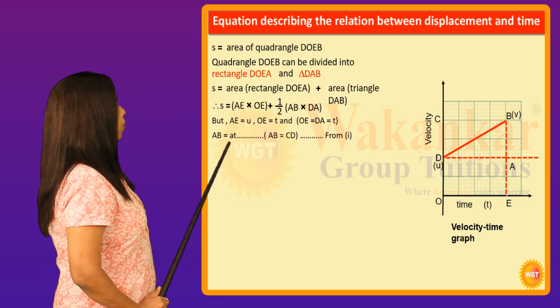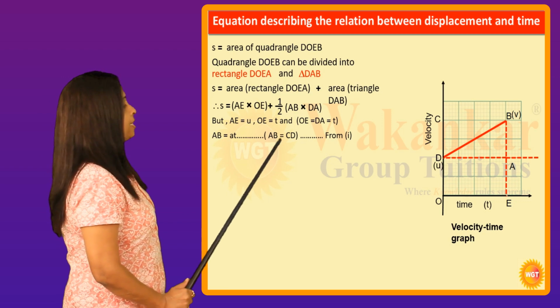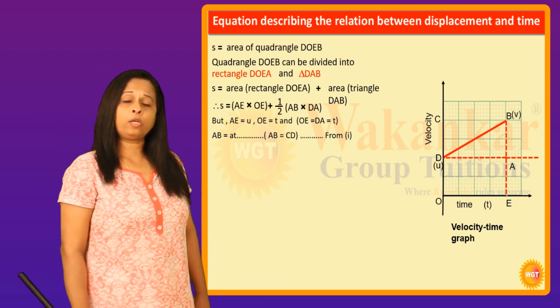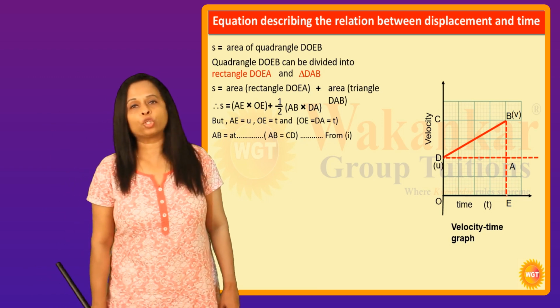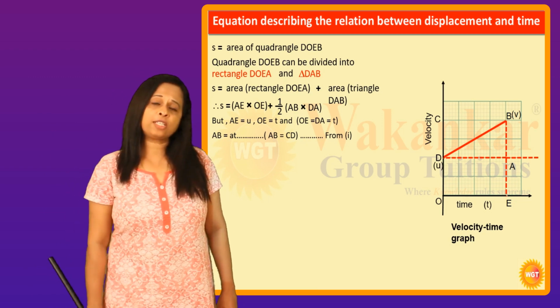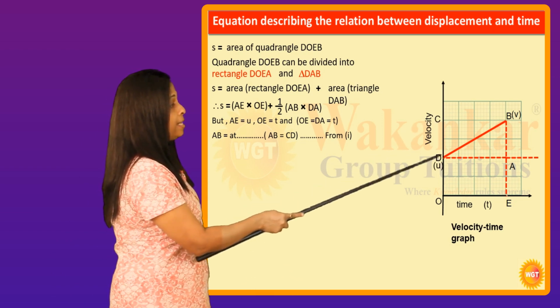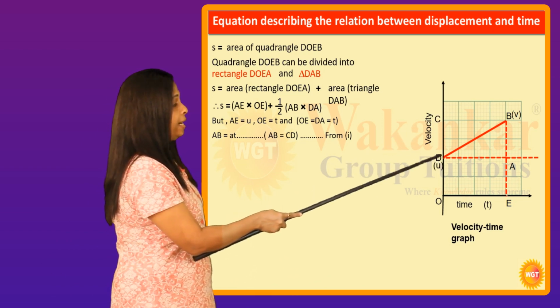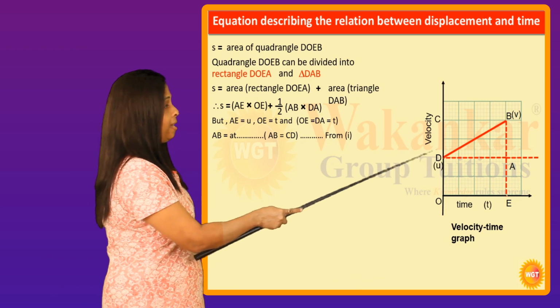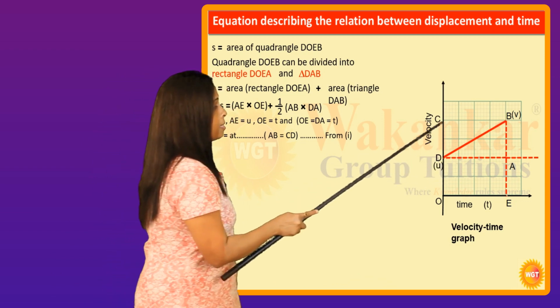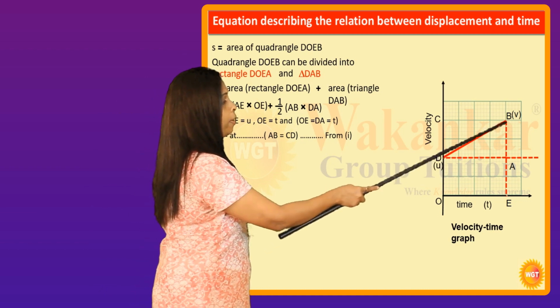AB is equal to at. AB is equal to CD from equation 1. Try to recollect the first equation of motion. In our first equation of motion, we have said CD is at. CD is also equal to AB.